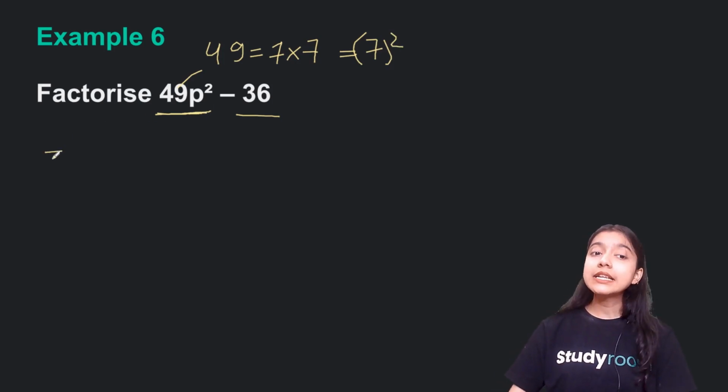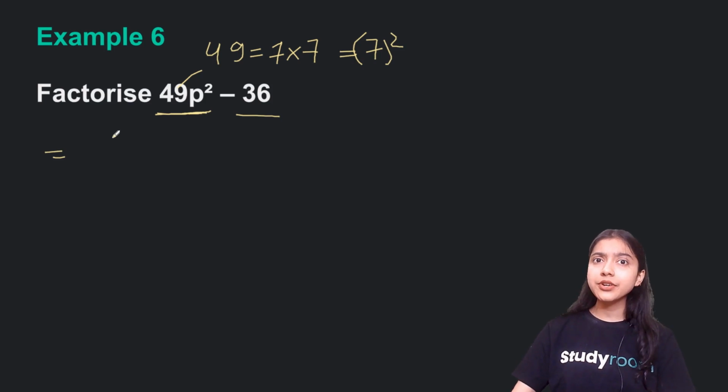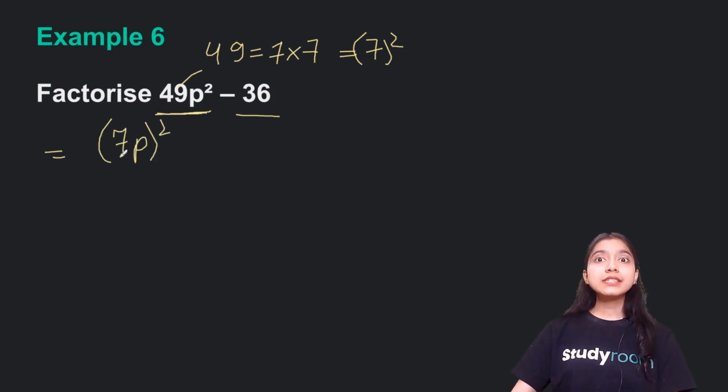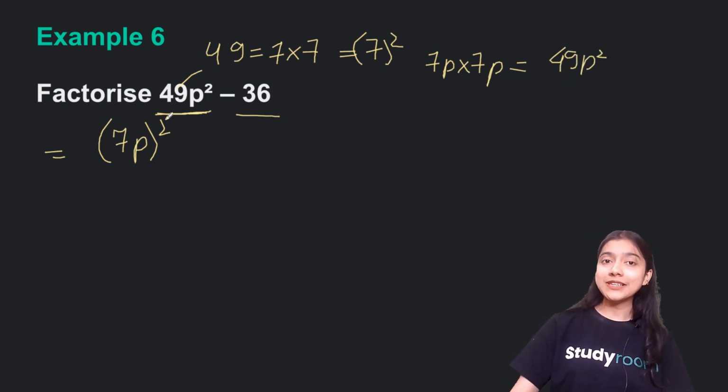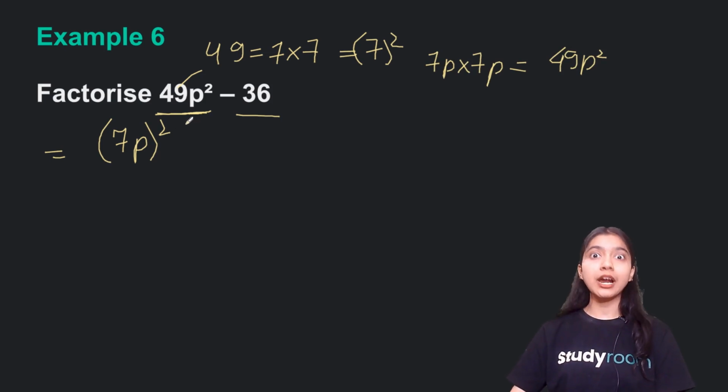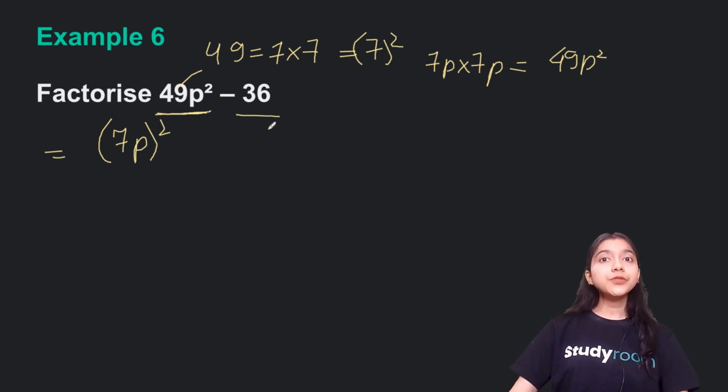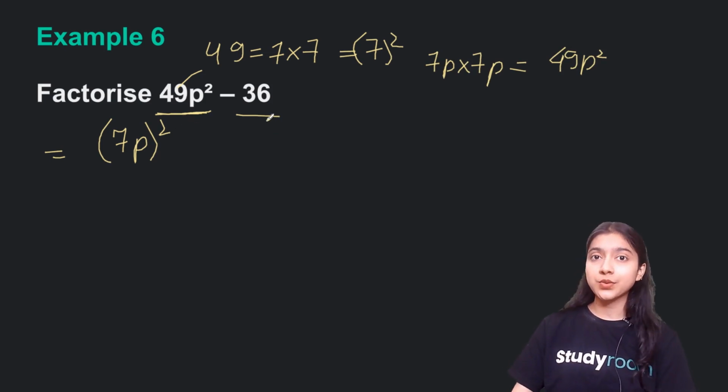So ultimately this 49p square can be written as 7p whole square. Because 7p whole square means 7p multiplied with 7p, which is equal to 49p square. Justified, right? 49p square can be written as 7p whole square. Our motive is to break each of the terms in a perfect square form.